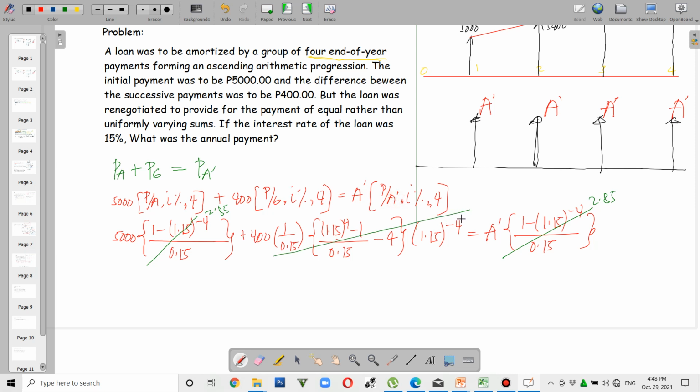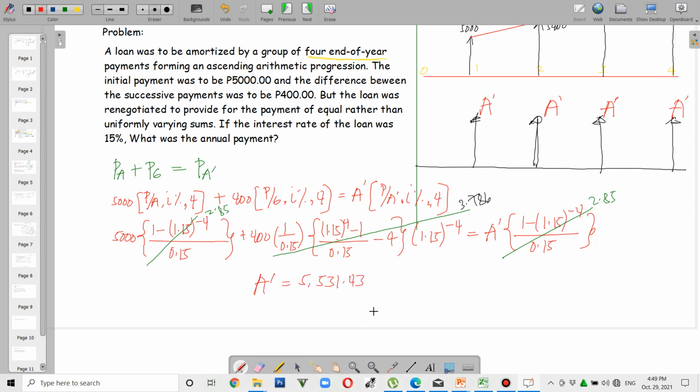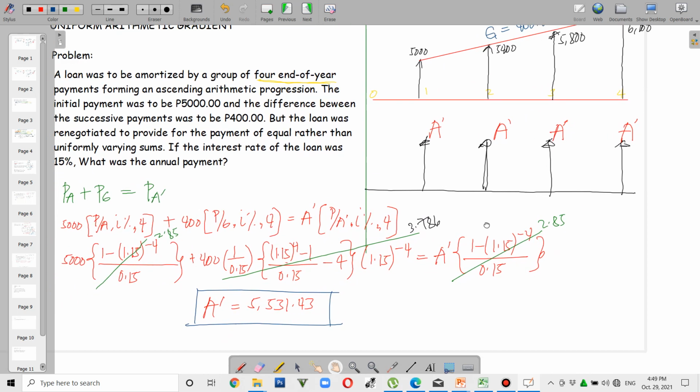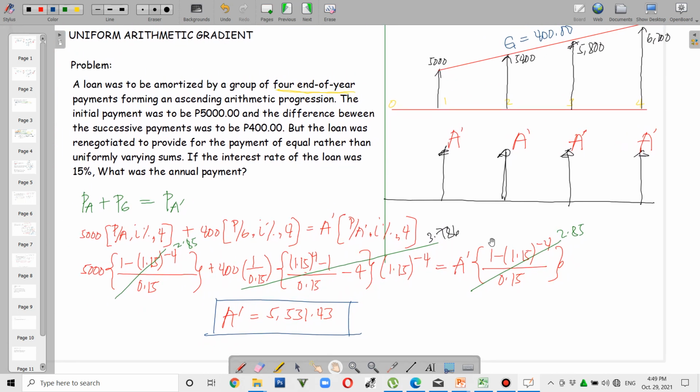So all of this shall be equal to 3.786, and then if we're going to manipulate our equation, we'll come up with an A prime equal to 5,531.43 pesos. So this must be the equivalent payment for this increasing payment. Okay, so that's it for the first problem.